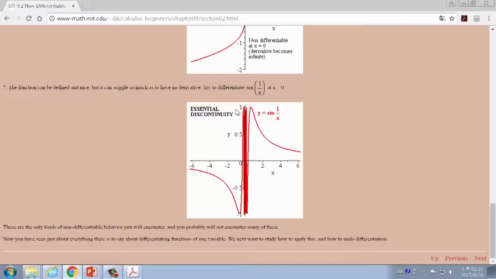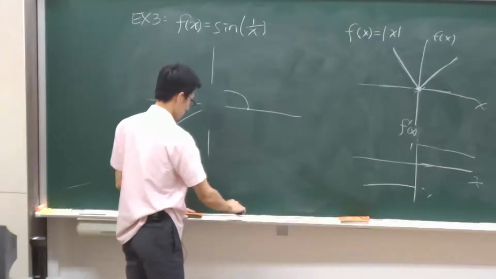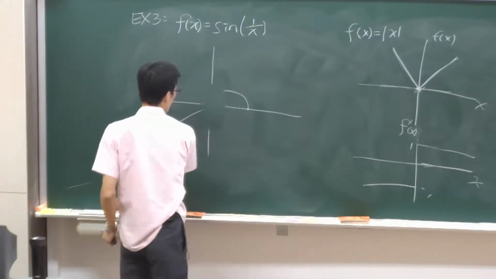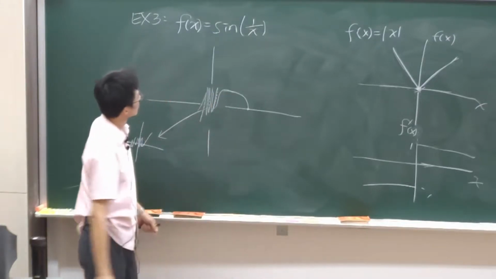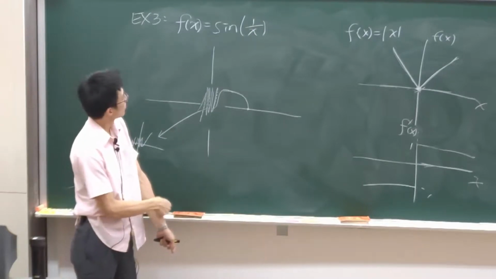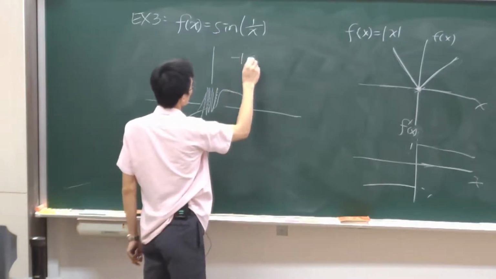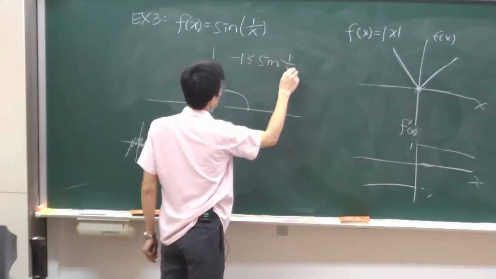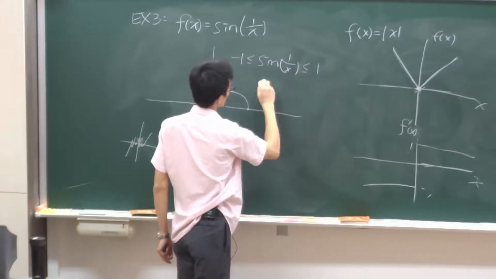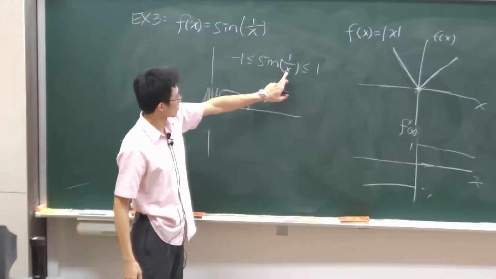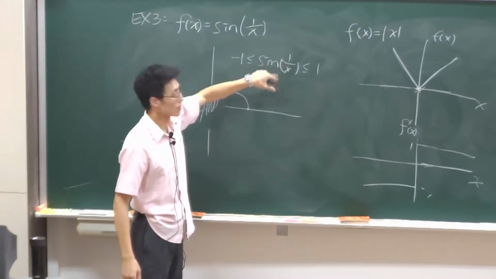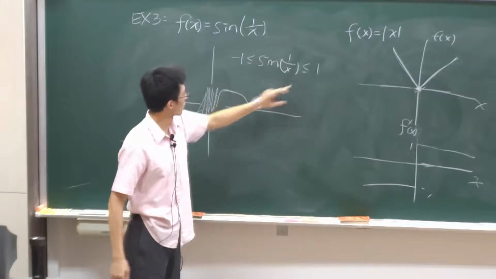Okay, it just jumps between 1 and -1, I drew it wrong. Because as x goes to 0, the frequency will change very, very rapidly, but the value is bounded by minus 1 and 1.